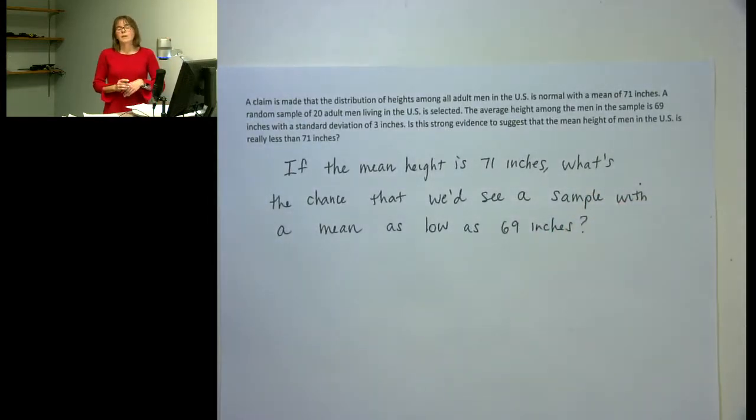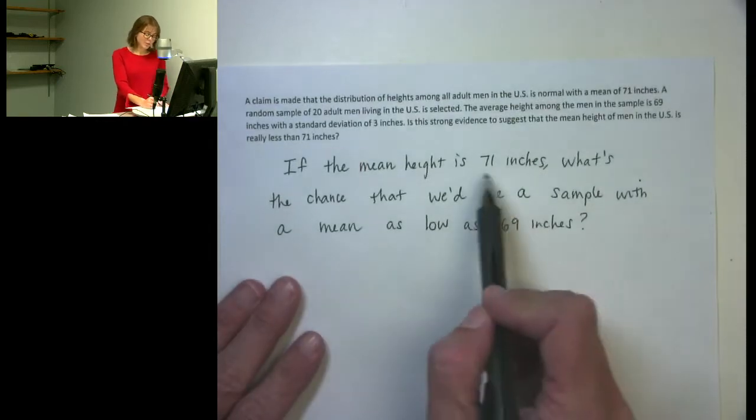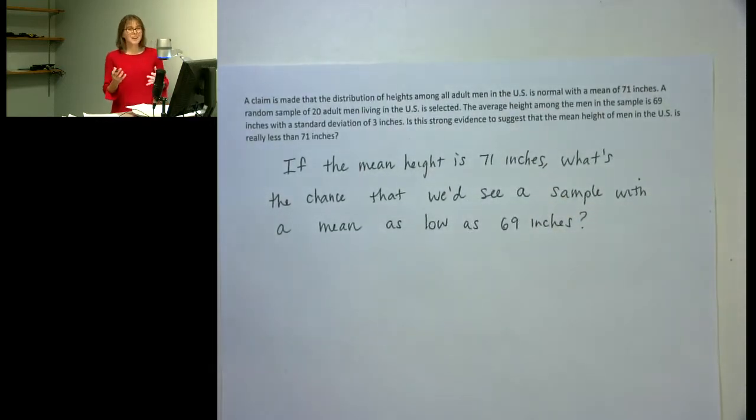If the sample data is something that would be very unlikely to occur if the true mean height were 71 inches, then we say, well, probably the mean height is not 71 inches. So that's what we're going to be looking at.